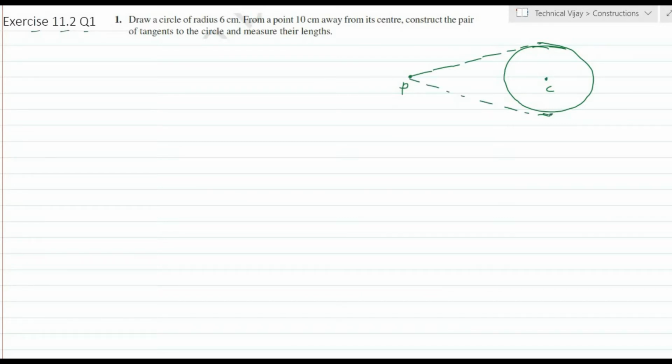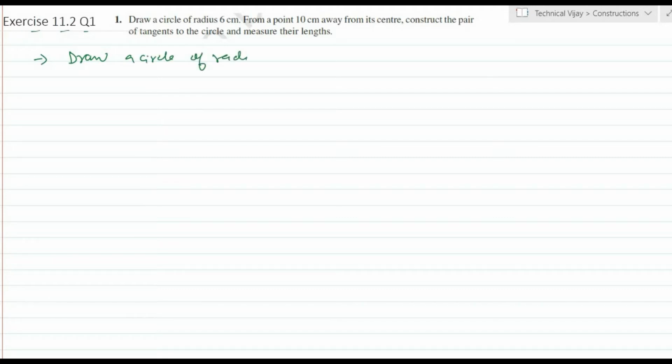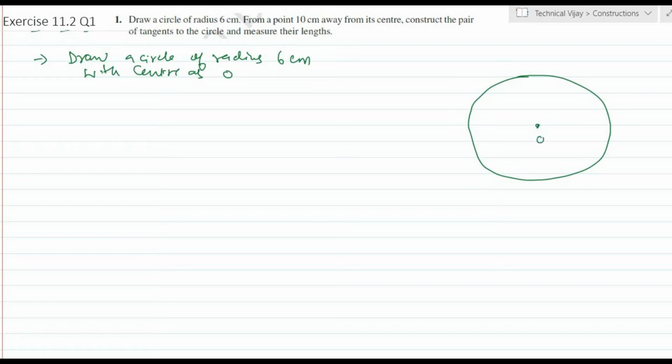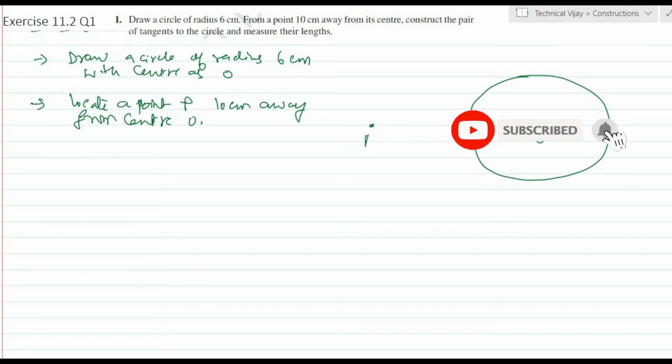Like this: draw a circle of radius 6 cm with center O. Now locate a point P 10 cm away from center O. Here is point P, which is 10 cm from this point to this point.